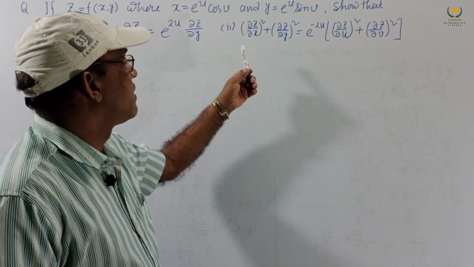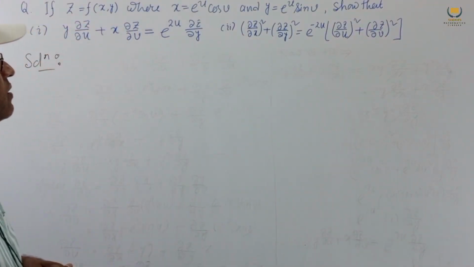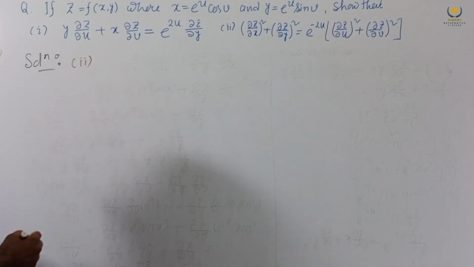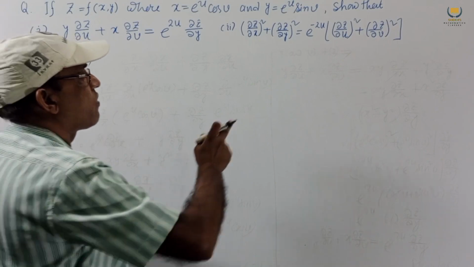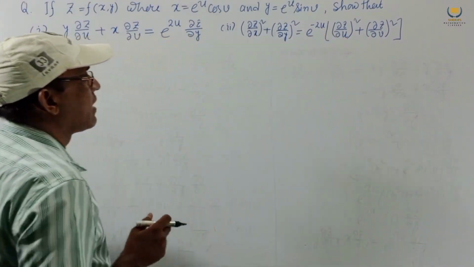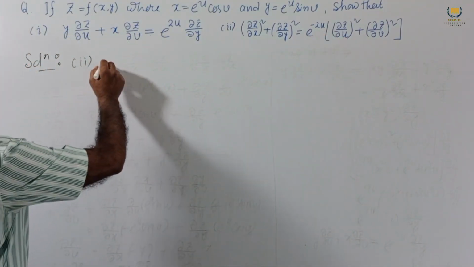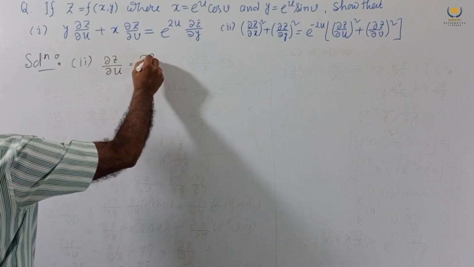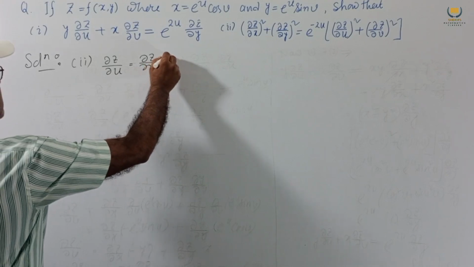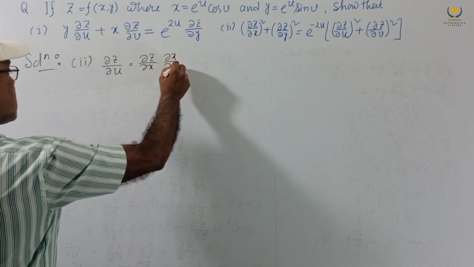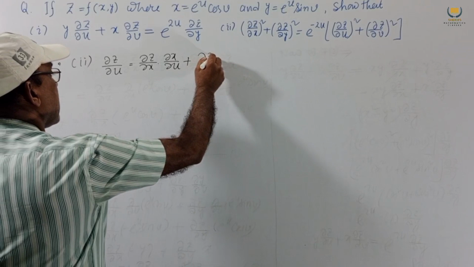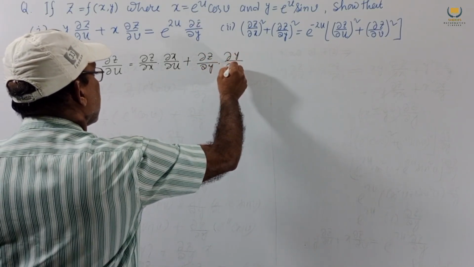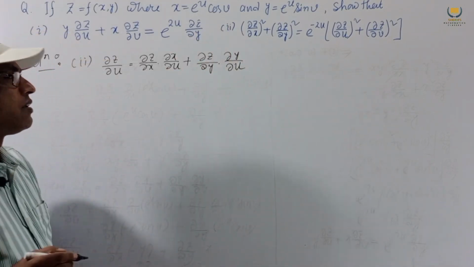Next we want to prove the second one, number 2. First one is over. So first we find del z del u. Del z del u is del z del x del x del u plus del z del y del y del u, by using the chain rule.